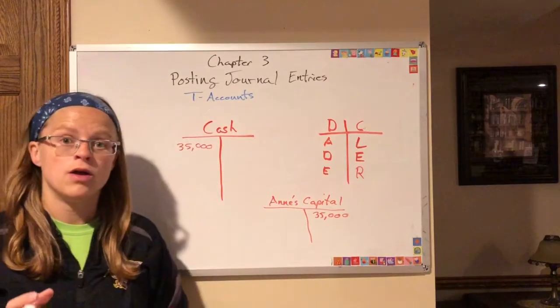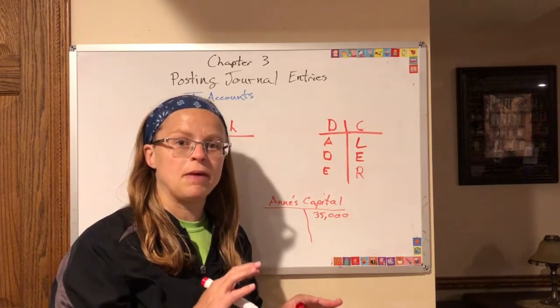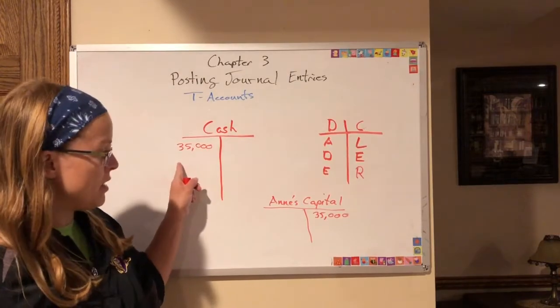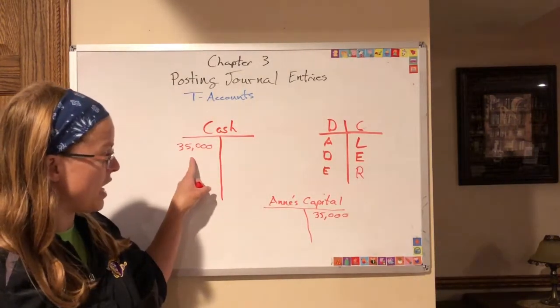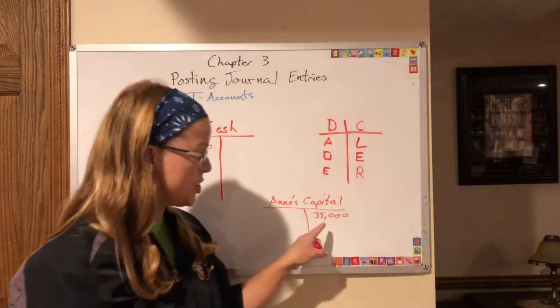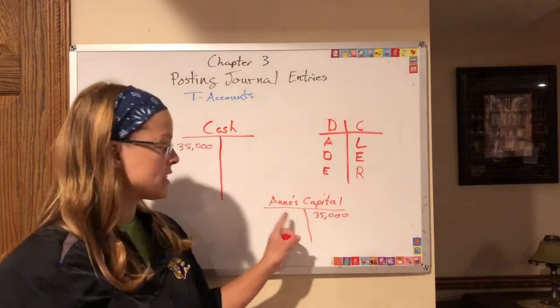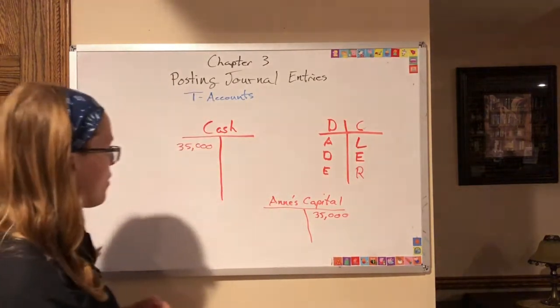Now remember, there always has to be a debit and a credit in order to keep the basic accounting equation in balance. She invested $35,000 cash, and she lays claim to that $35,000, so it's Anne's capital account being impacted there. All right?